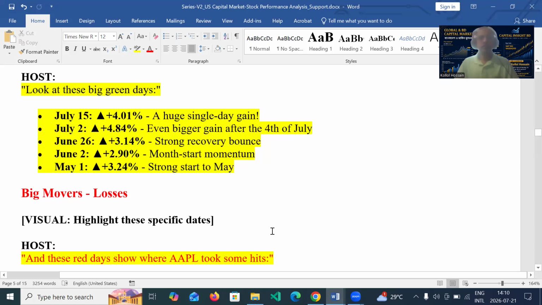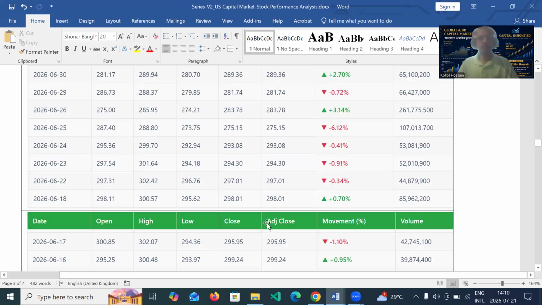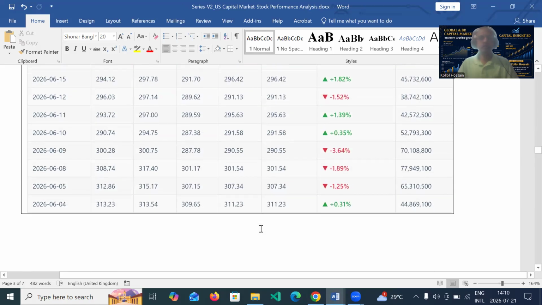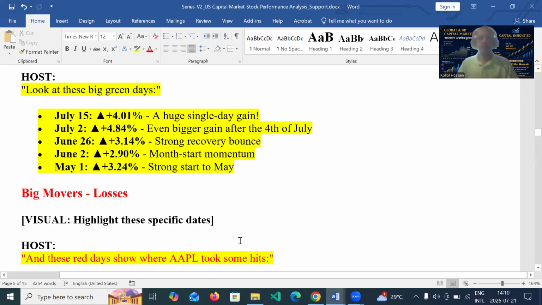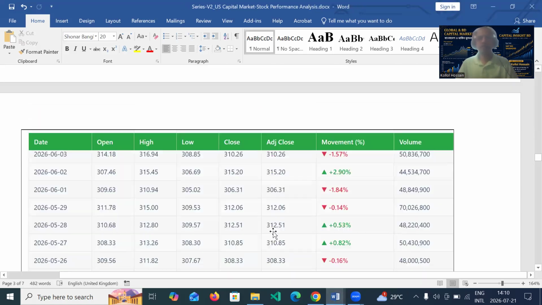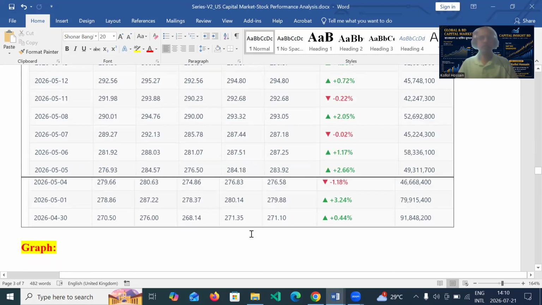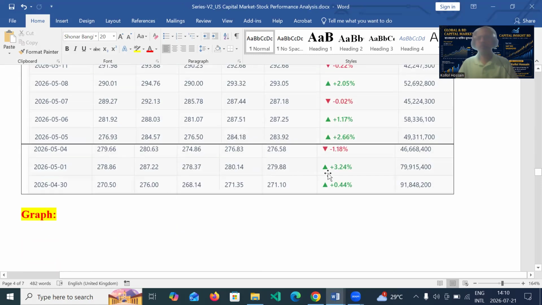And June 2, 2.90%, month start momentum here. And May 1, plus 3.21%, strong start of May. This is the initial May figure when the stock actually goes up, 3.24%.